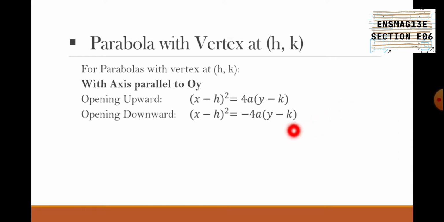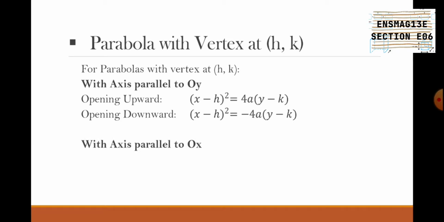As you can observe, the same theorem applies. If the location of our focus is in the positive axis, the value of our 4a is positive. And if our focus is located on the negative side, the value of our 4a is negative.